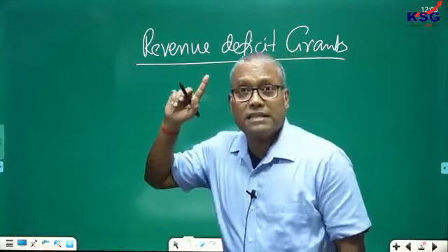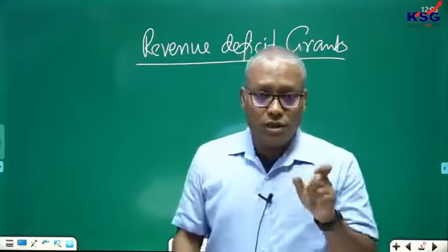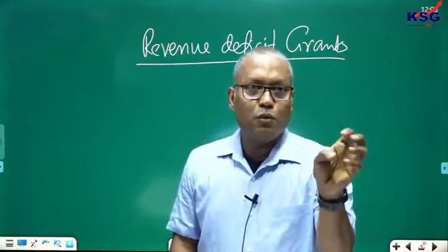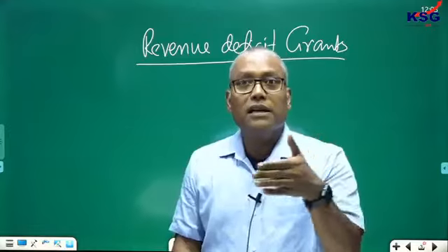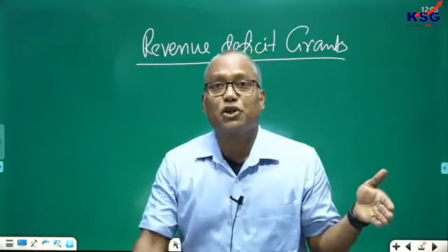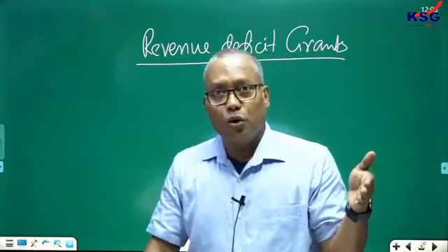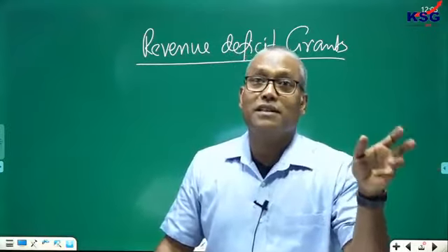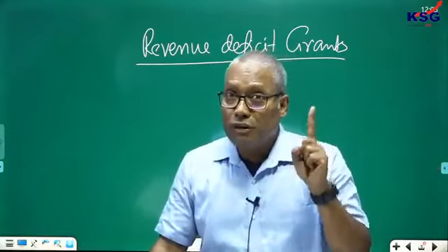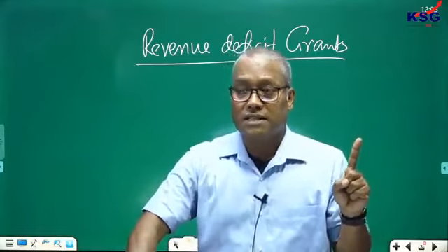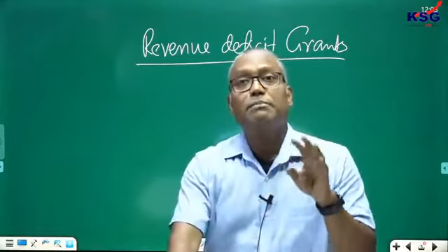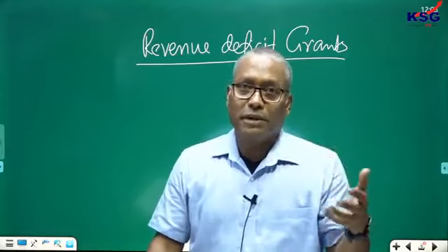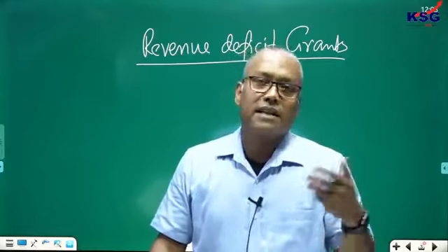Go back to my previous class: revenue deficit means the deficit incurred due to the current consumption expenditure of the government. Current consumption expenditure is the revenue expenditure, an expenditure incurred by the government to meet day-to-day requirements. That is the current expenditure.